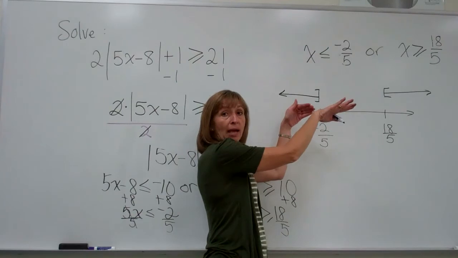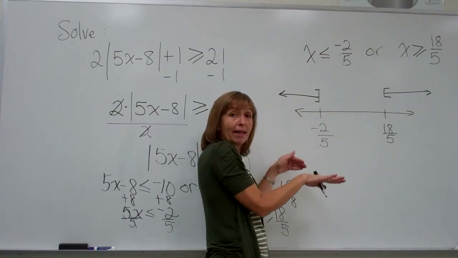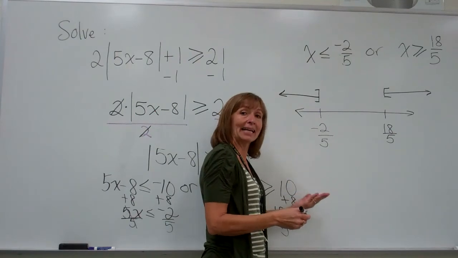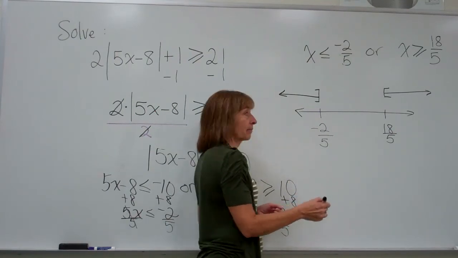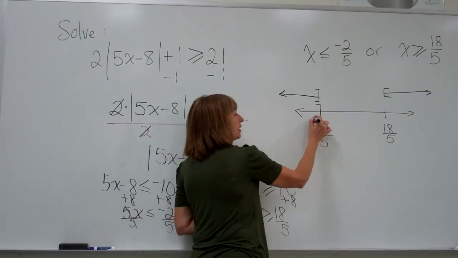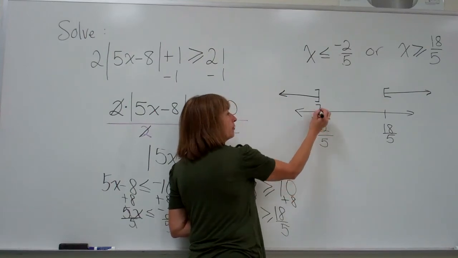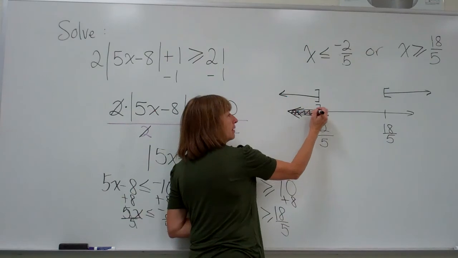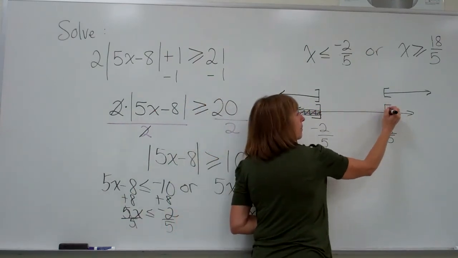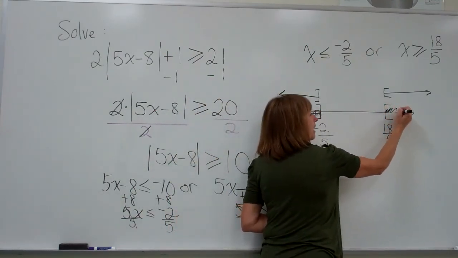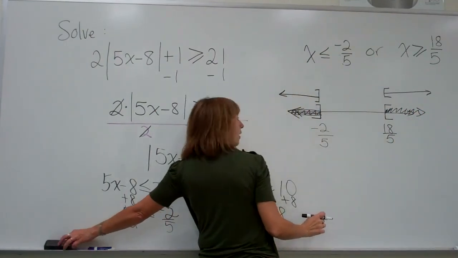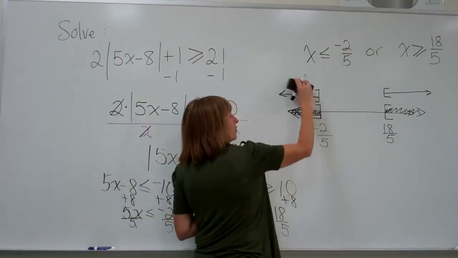So with "or," you actually just bring the shading down on the number line, instead of what you did when we had the "and" statement in the previous segment. We put our bracket at negative 2/5, shade to the left, put our bracket at positive 18/5, and shade to the right.